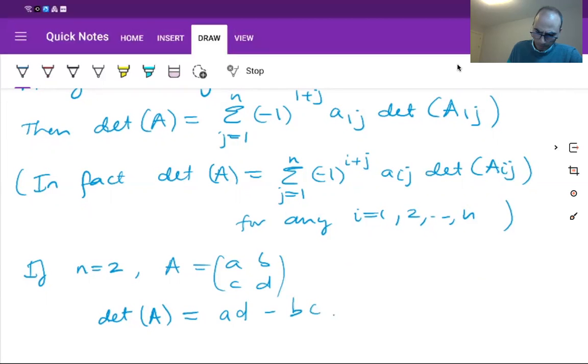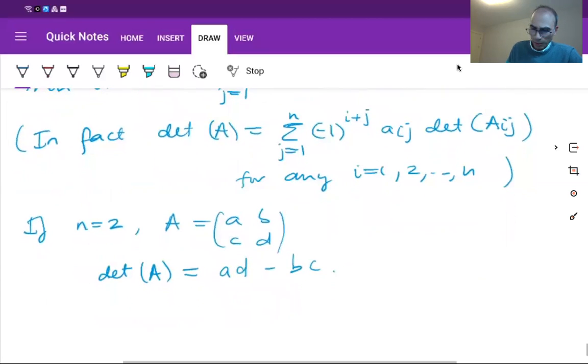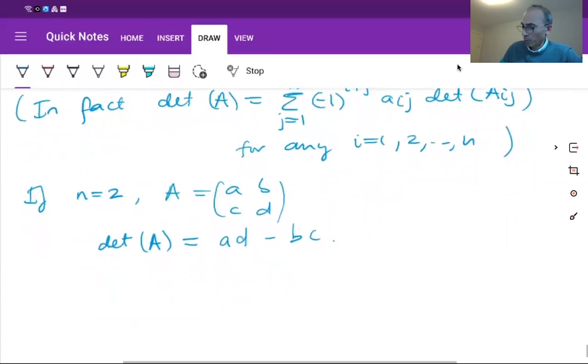And so on. Let me give you an example of a computation.